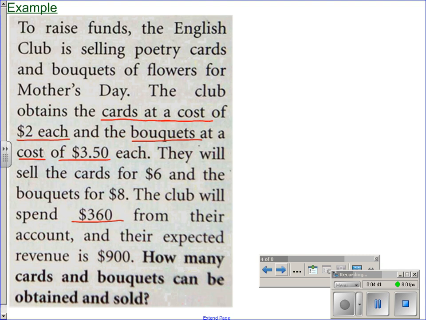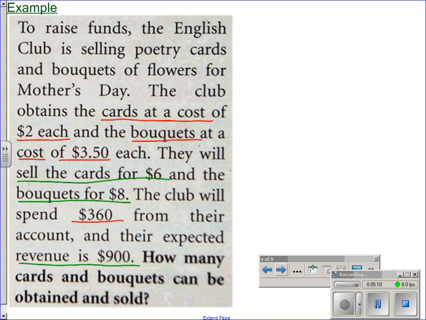Also, they start talking about selling them, bringing money in. So selling the cards for $6 and bouquets for $8. And the club will spend this from their account, and their expected revenue is $900. So we got a bunch of things that are related to each other. Now let's write some equations. The question is, how many cards and bouquets can be obtained and sold?